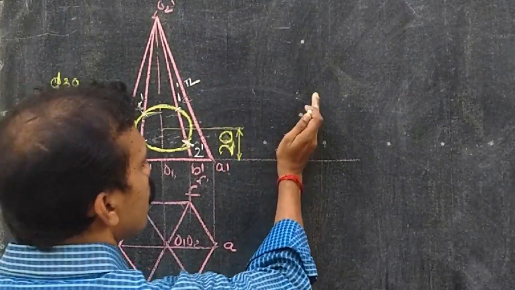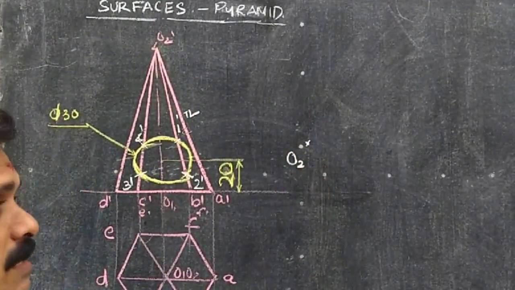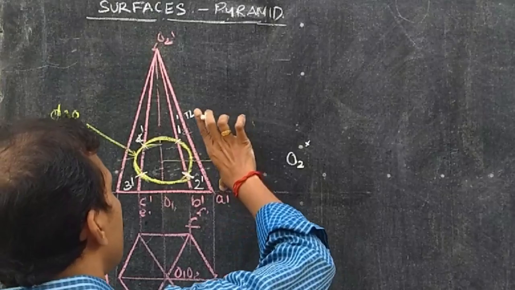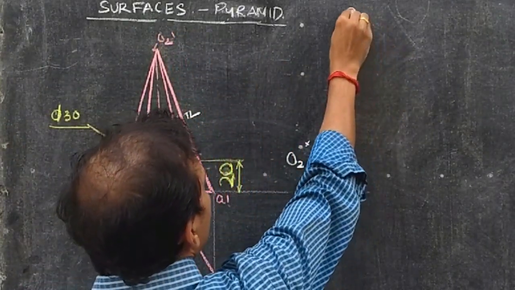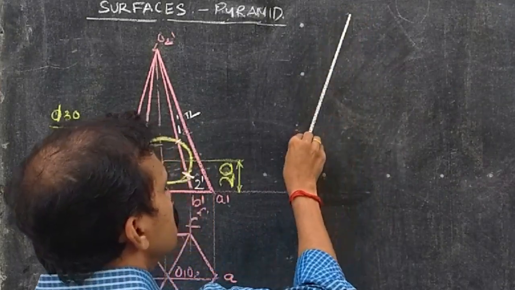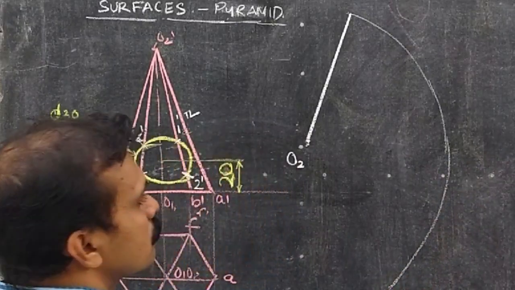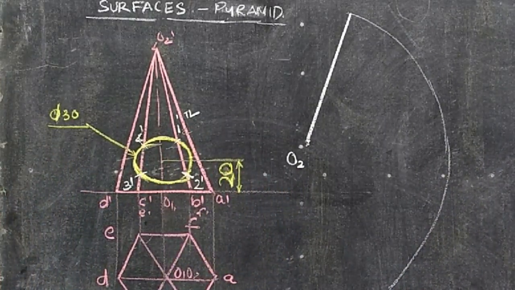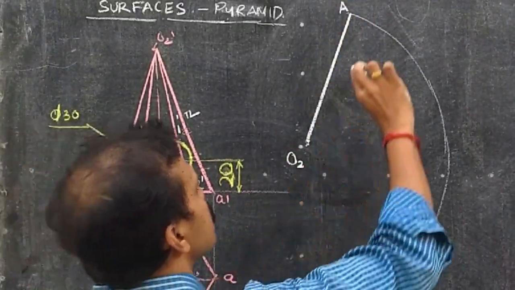So as explained before, select a point O2. Run an arc by taking this distance. So this is A, by taking this distance.